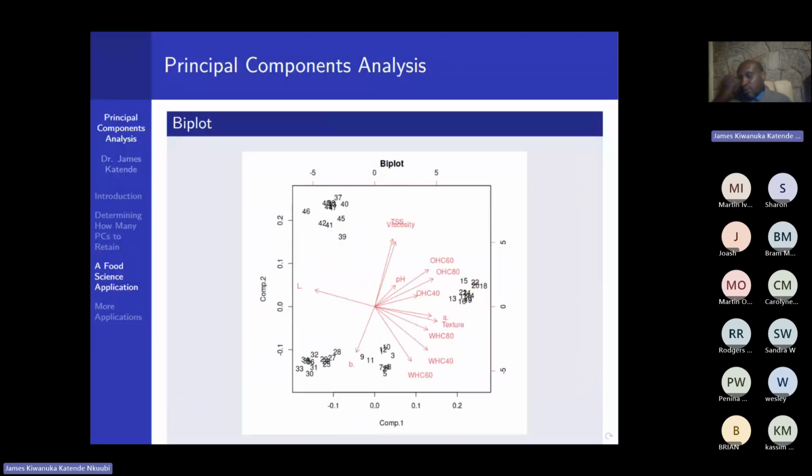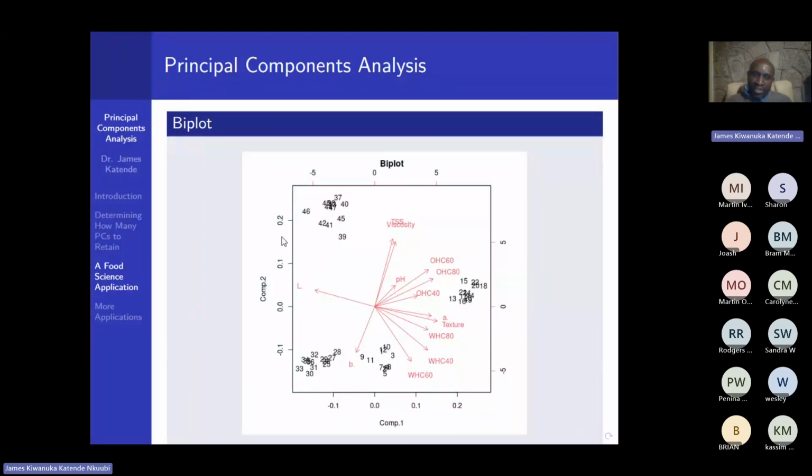So this is a biplot. The same feature. So you can see like the oil holding capacity, they are all clustered around here. The water holding capacity clustered around here.